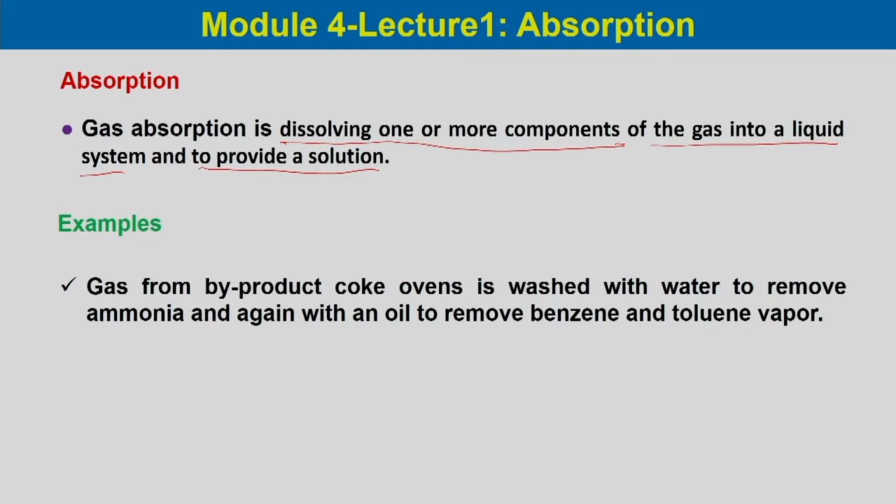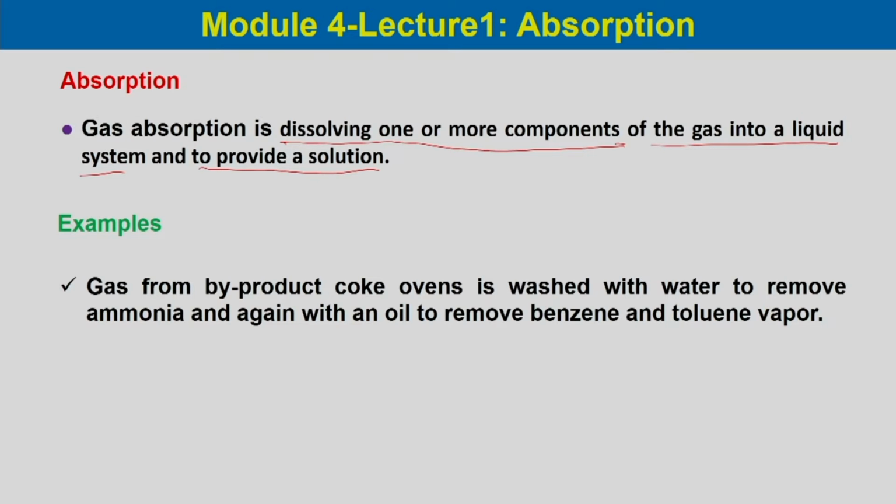You can see that depending on the suitability of the solvent for a particular component to absorb, the solvent is decided accordingly. If we want to remove ammonia, which is highly preferential in the case of water, water has a higher affinity for ammonia compared to benzene and toluene vapor.